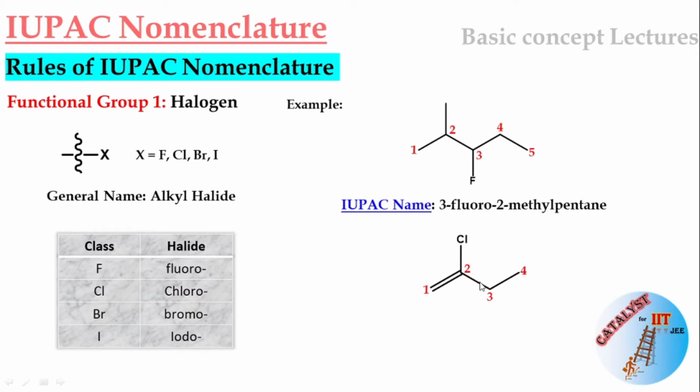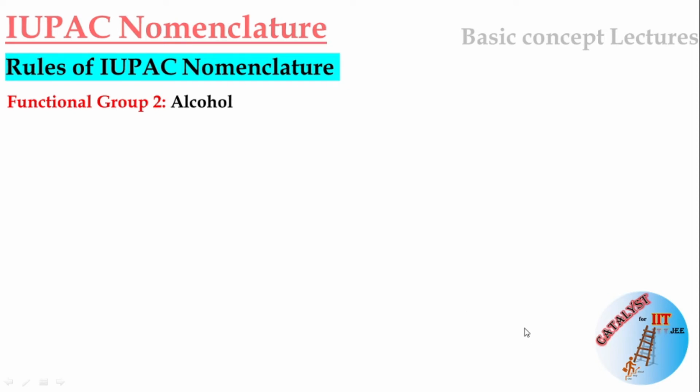So that's why this is the correct numbering of the parent chain, and the IUPAC name will be 2-chlorobut-1-ene. As on the second position there is the chlorine functional group and at 1 the double bond is present, that's why the IUPAC name is 2-chlorobut-1-ene.